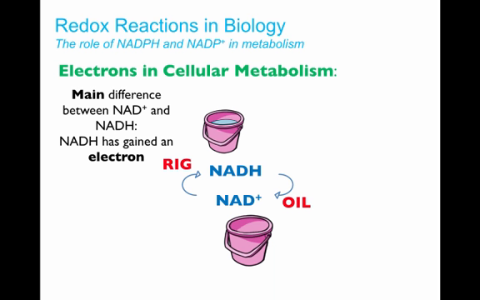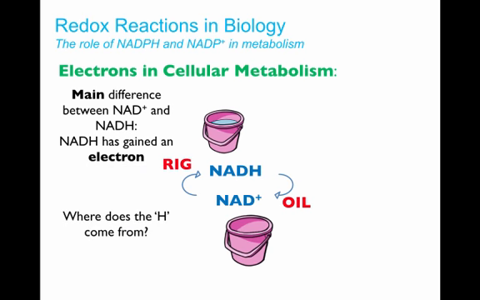Now there's just one more thing I want to point out about the structure of NAD+ and NADH. Or we could be talking about NADPH and NADP+. These observations will apply whether it's cellular respiration or photosynthesis that we're discussing. Now what we want to notice is that the main important difference between NAD+ and NADH is that NADH has gained an extra electron.